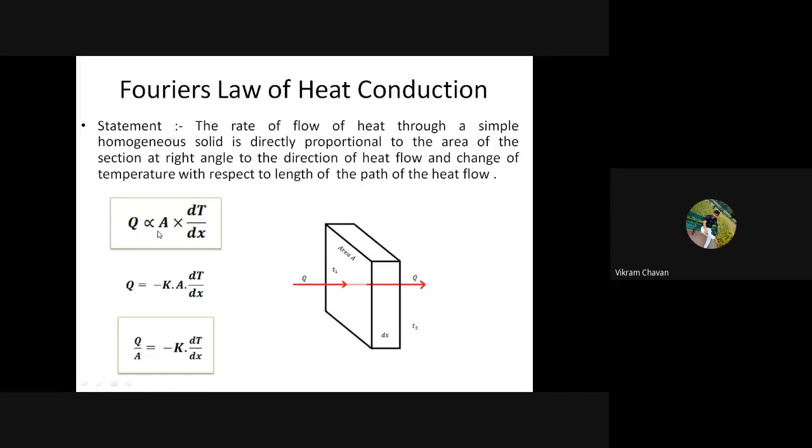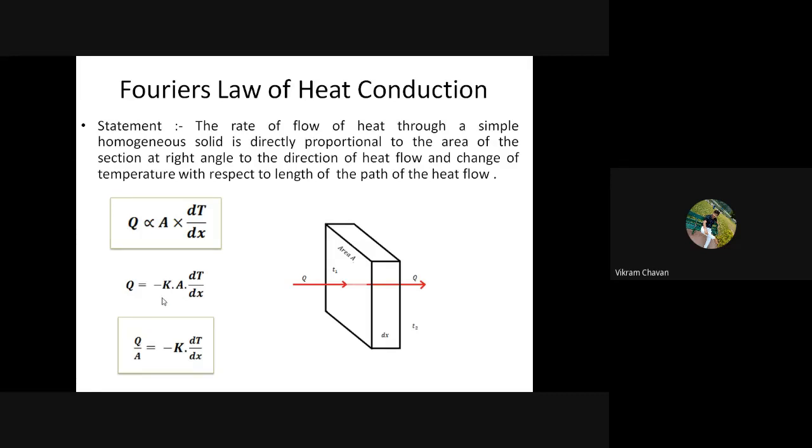For that purpose we introduce one constant, k, so the proportionality sign is removed and an equal sign is inserted. So Q is equal to minus k multiplied by A multiplied by dT divided by dx.